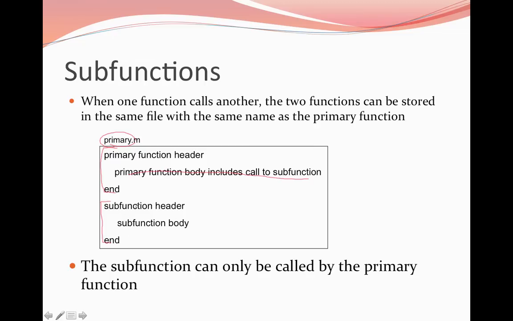So again, the subfunction is being called by the primary function, and so we can store them together in one M file. So the pro for that is that instead of two separate M files for the two functions, we can store them together in one M file and therefore cut down on the number of M files that we use altogether. The only thing that's bad about that is that the subfunction is only known to the primary function. So this function can only be called from the primary function up here. It could not be called from anywhere else, for example, the command window.